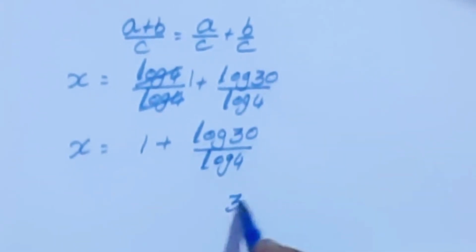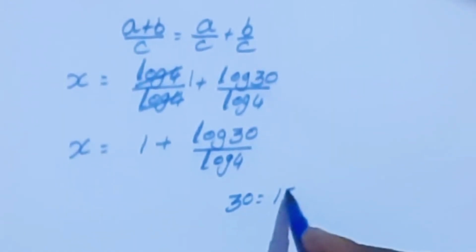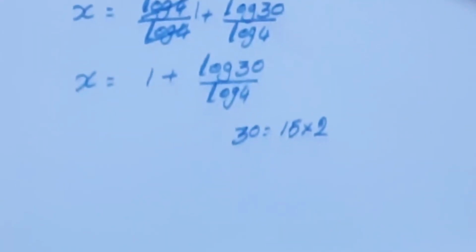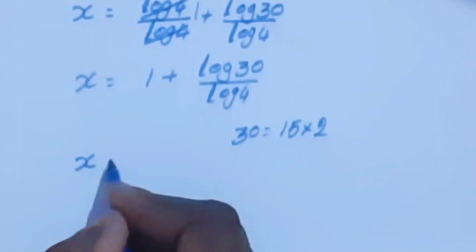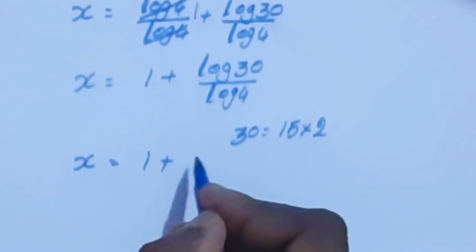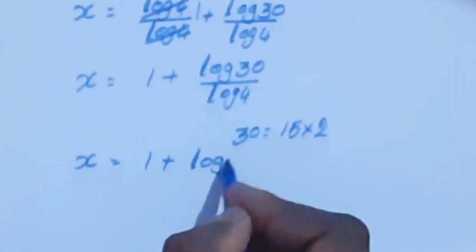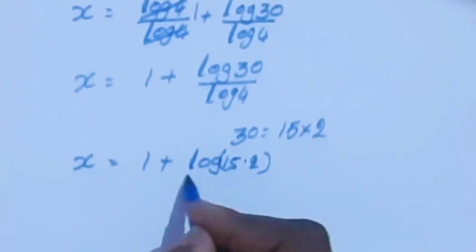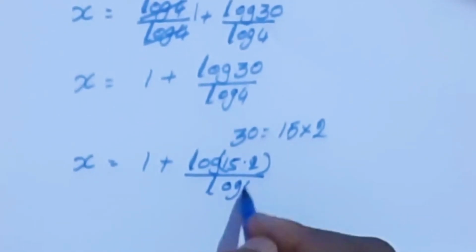Now this 30 can be written as 15 times of 2. This we are going to apply here. So x equal to 1 plus log 15 times 2 by log 4.